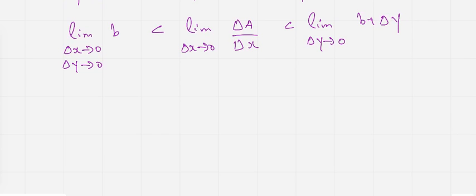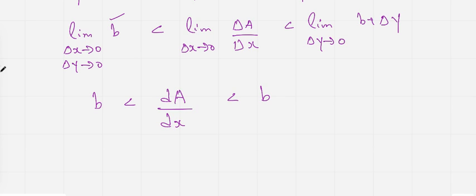So once we apply the limit, it will remain as it is. As far as this is concerned, once we apply the limit del y tending to 0, this del y will vanish and simply b is left. And once you apply the limit on this ratio of the differentials, it will turn into a derivative, dA upon dx.